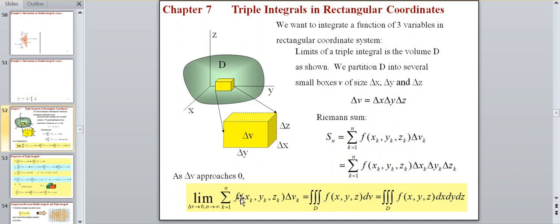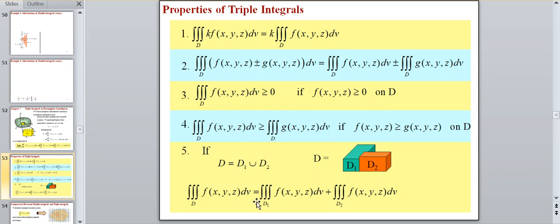So when f on D is positive, for every point like xk, yk, zk, f here is positive, and delta vk, the volume, of course is positive. So this sum is the sum of positive values, so this sum is positive, and of course when you take the limit, the limit will be non-negative. So that's the reason.